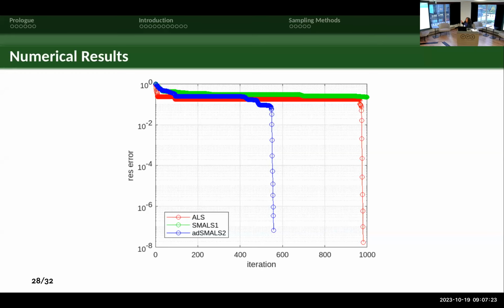Another thing is sometimes it also has its swamp, right? But for the adaptive one, in this problem you're seeing, they're all swampy plots, but the adaptive one does fairly better than the other two.